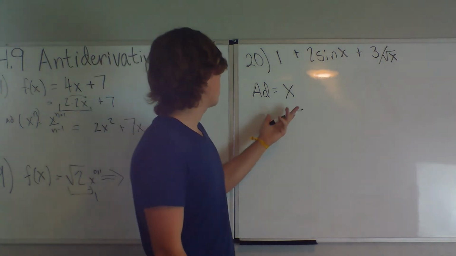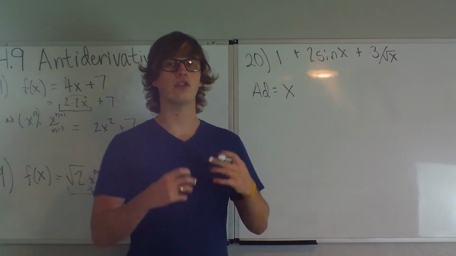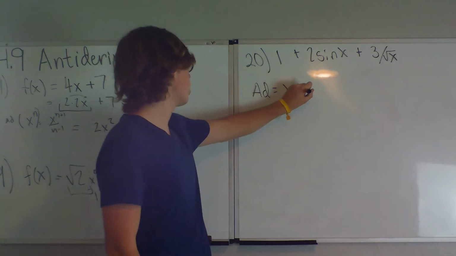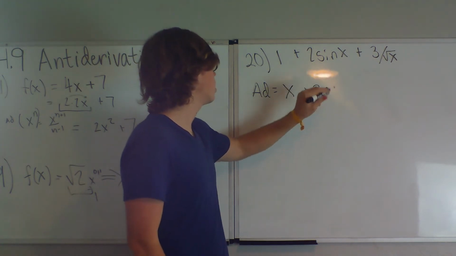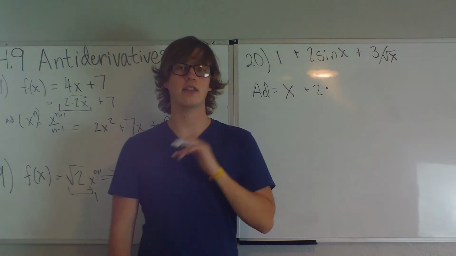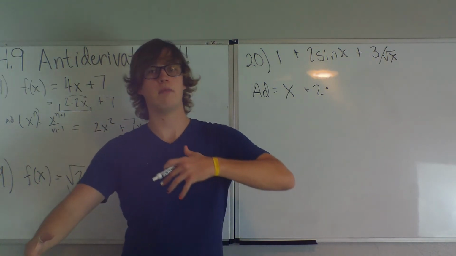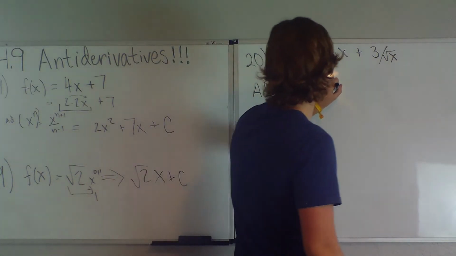Every time you see a constant and you take the antiderivative of it, it's just going to be that constant times x. Okay, so plus 2 times, what's the antiderivative of sine? Well, we know the derivative of cosine is negative sine, so the antiderivative of sine is negative cosine, so times negative cosine.